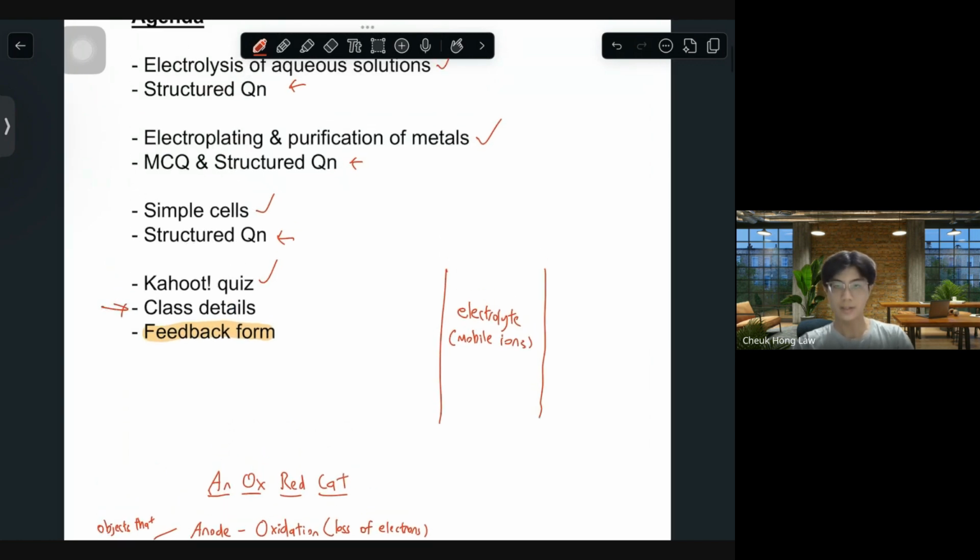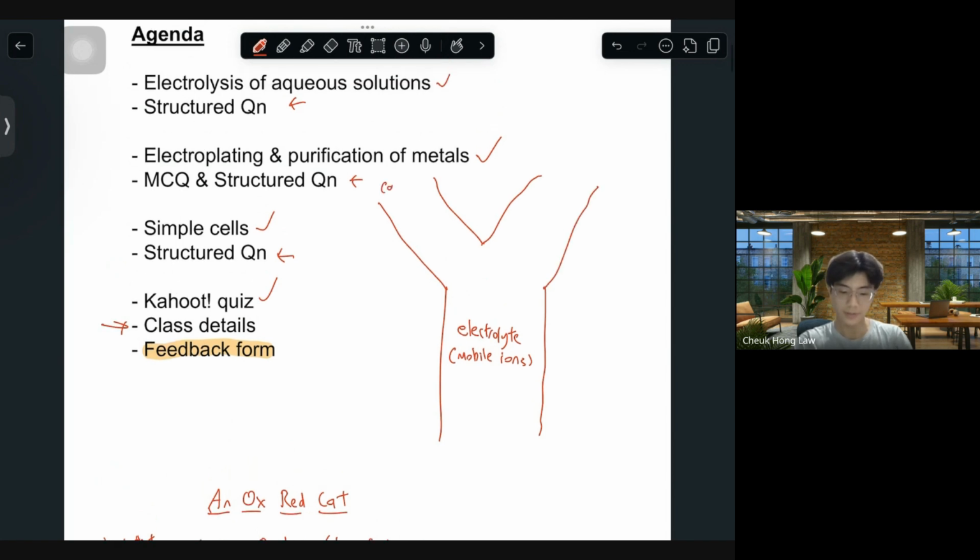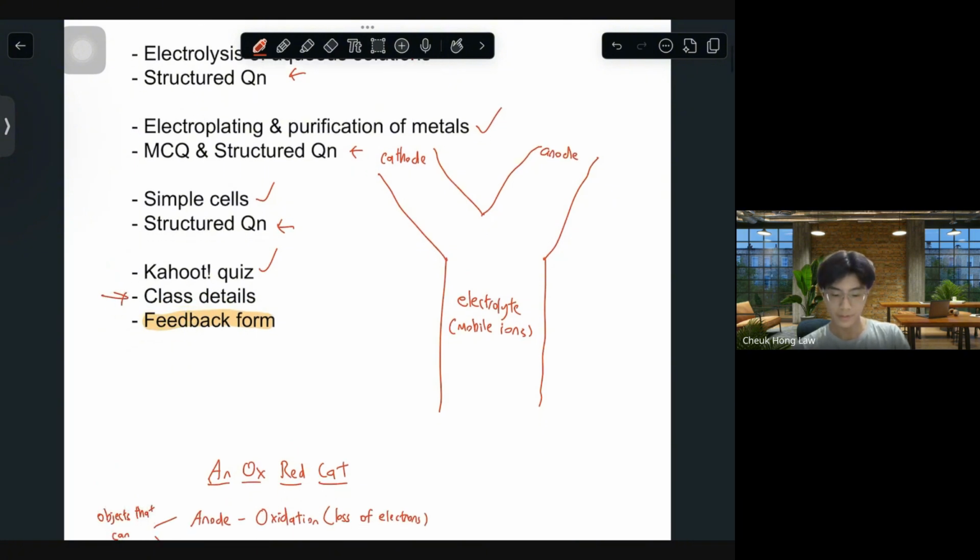Then you branch out this road into two pathways. One is the cathode, the other is the anode. In your electrolyte, you have both cations and anions, correct? So we can split them up.